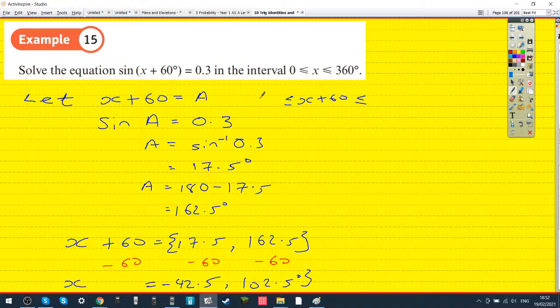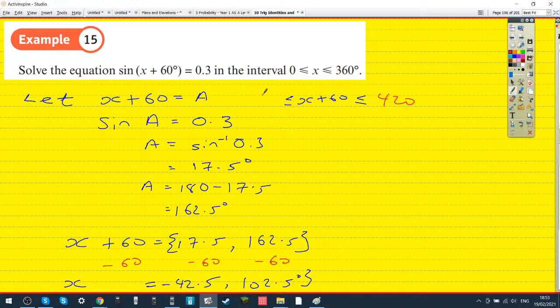So what does that mean? The range is x is between 0 and 360. So what is x plus 60 between? 60 and 420. Yeah, add 60 to 0.